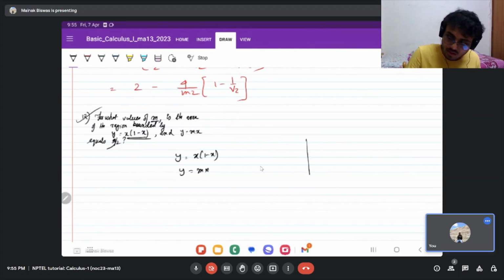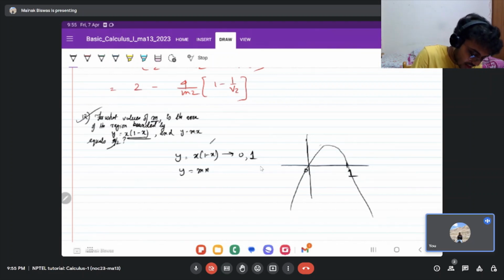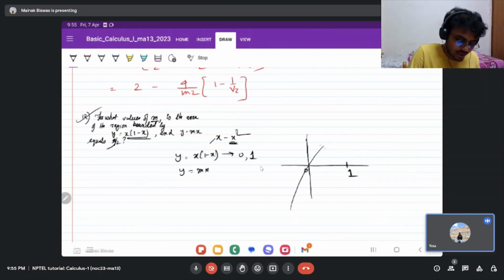So you will make an area of 9 by 2 in this way. You see you have a root at 0, and this has a root at 1, right? This is x minus x square, which is negative, so it's an inverted parabola, right? It looks something like this.